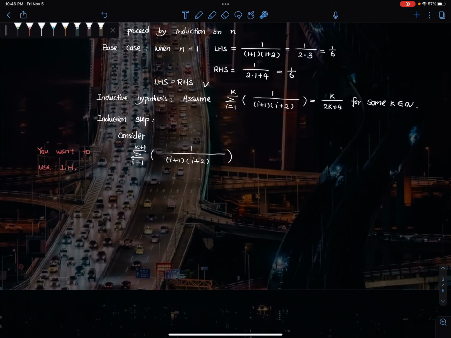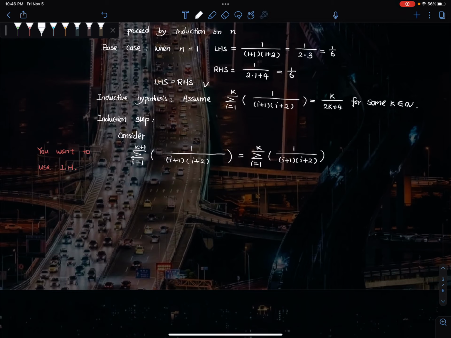It's a summation, so this term is adding from i equals 1 to k plus 1. I can also do it by adding from 1 to k and then adding an extra term, which is the last term. So this equals the sum from i equals 1 to k of 1 over (i plus 1)(i plus 2).